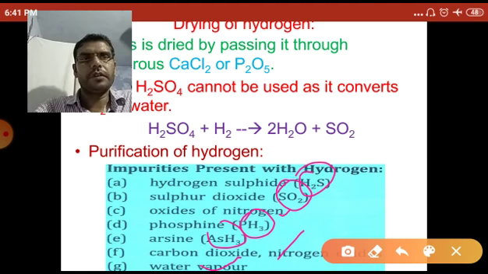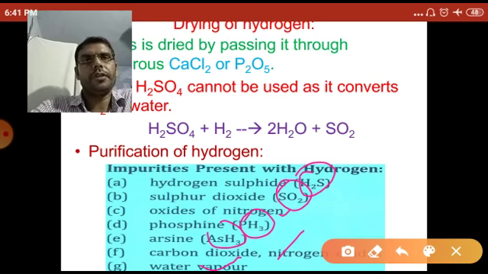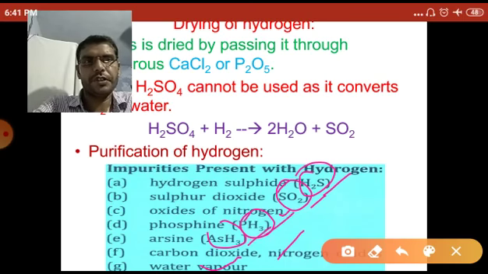So all these impurities should be removed before storing the hydrogen gas in the cylinder. All these impurities are present in the hydrogen during its formation in the laboratory from zinc and sulfuric acid: hydrogen sulfide, sulfur dioxide, nitrogen oxide, phosphine, arsine, carbon dioxide, water vapor.